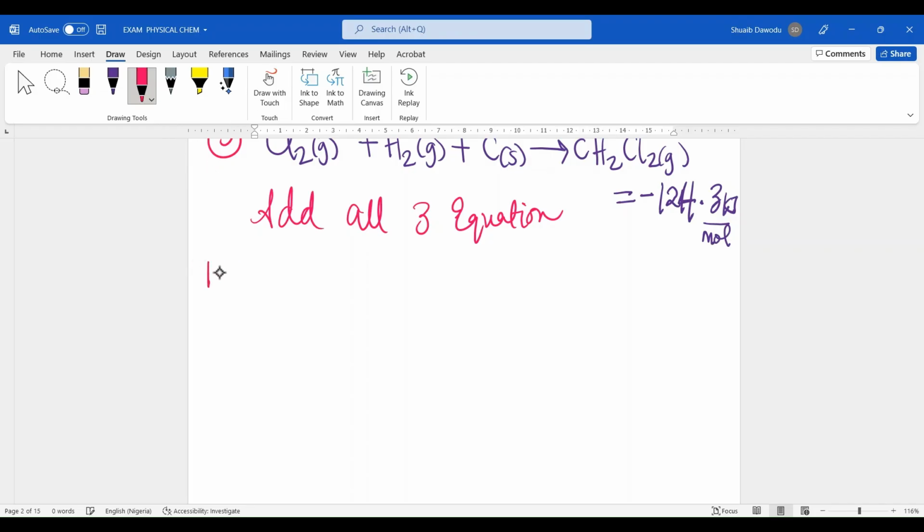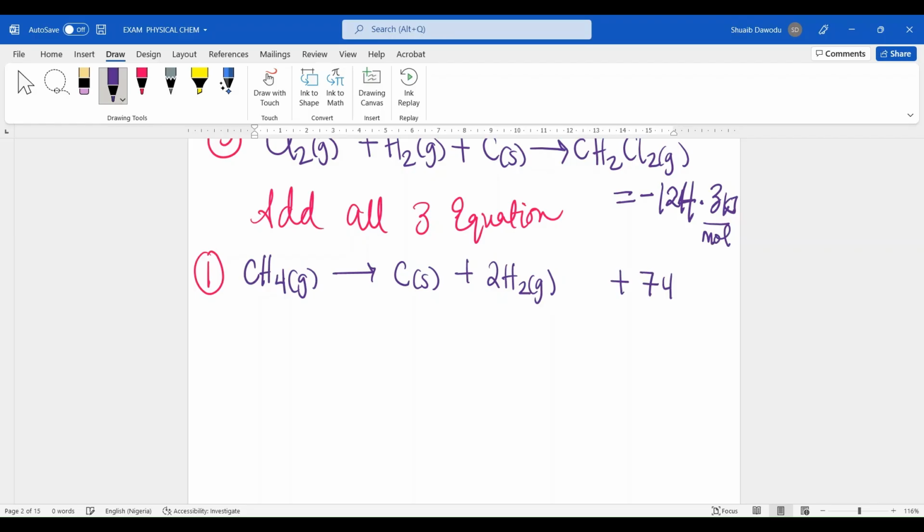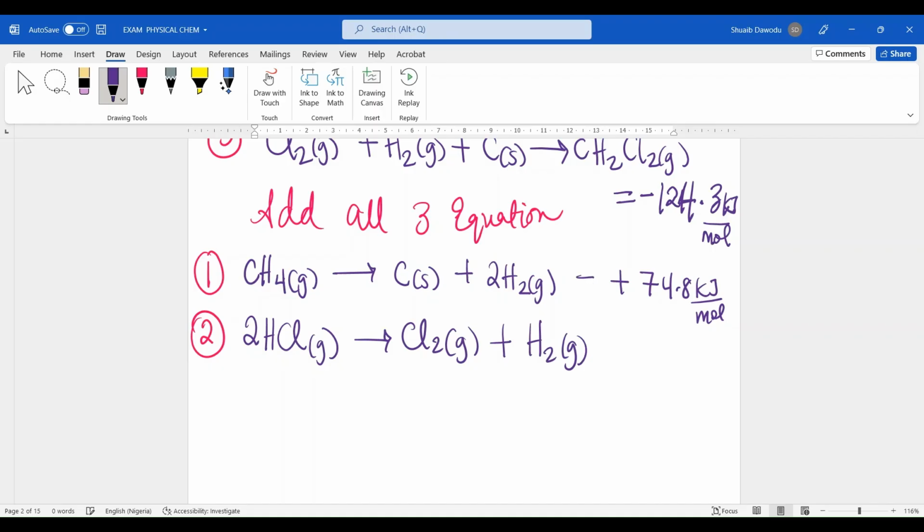So for equation 1, you have CH4 gas to C solid plus 2H2 gas, with positive 74.8 kilojoule per mole. That's number 2: 2HCl gas gives Cl2 gas plus H2 gas, with positive 184.6 kilojoule per mole.